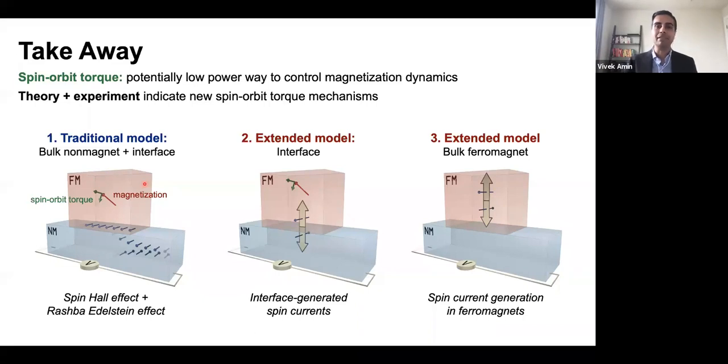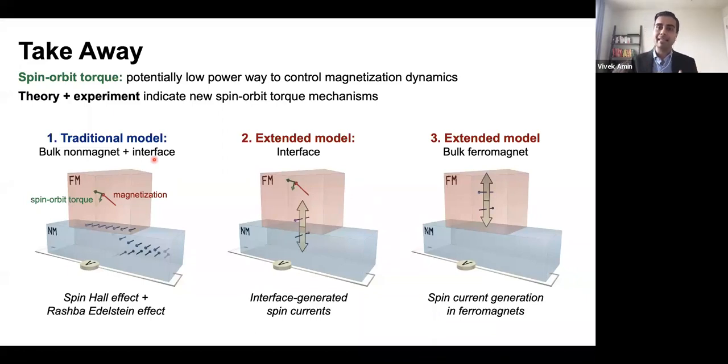So the outline of the talk is as follows. I'm going to start off by talking about the traditional model of spin-orbit torques, which is typically thought to arise in the bulk of the non-magnet and at the interface via the so-called spin Hall effect and Rashba-Edelstein effect. I'll also try to give a physical interpretation of what's going on here and where the promise of spin-orbit torque is really coming from.